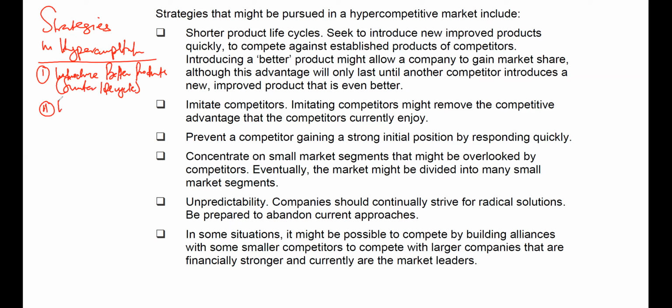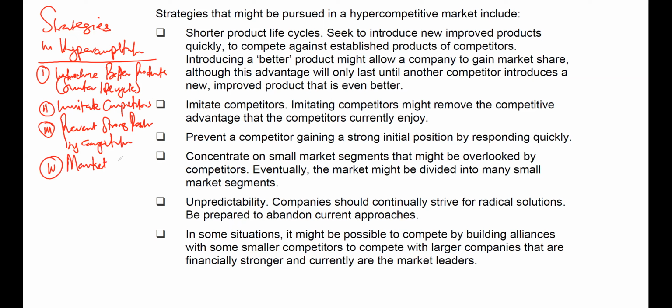Okay. 2, imitation, right? It's competitors. 3, prevent the competitors from gaining a strong initial position by competition. 4, concentrate on small market segments that might be overlooked by competitors. Market focus. Small segments, right?